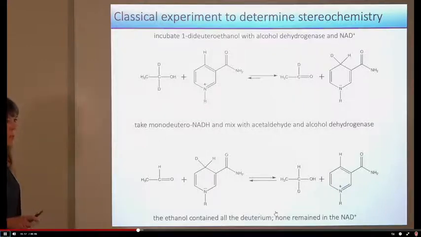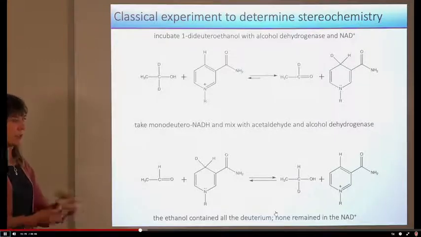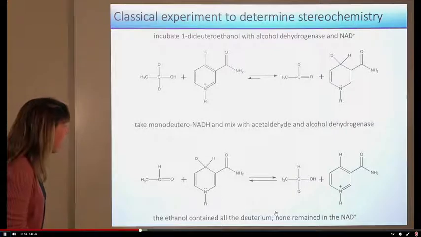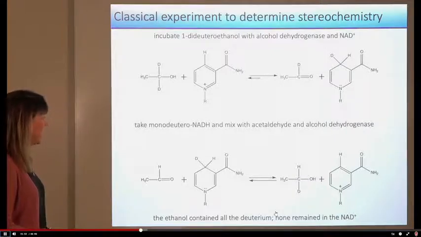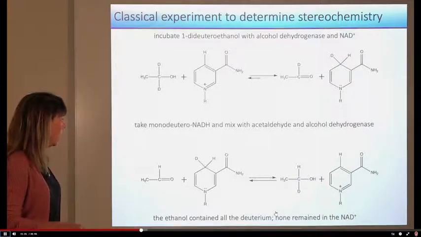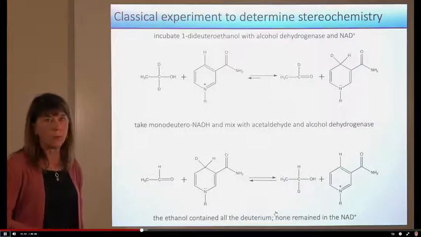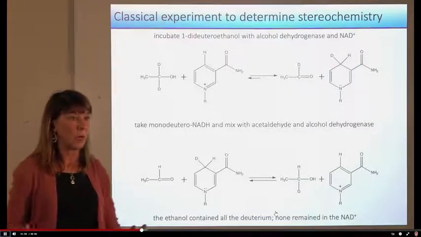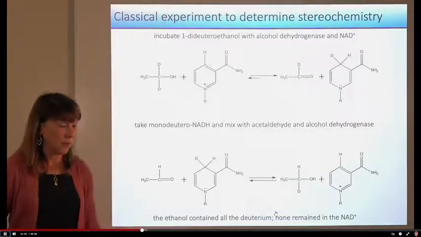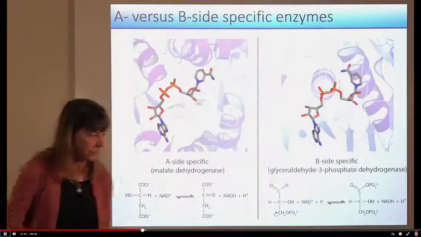Now, if this thing wasn't stereospecific, you would have expected the deuterium to end up in some of the molecules, but not in all of them. Right? So we're going from oxidized to reduced. And if it wasn't stereospecific, you would have expected some of the molecules of the ethanol to contain hydrogen there, right, instead of the deuterium, and that's not what they saw. So it's a classic experiment that showed that these enzymes are stereospecific.